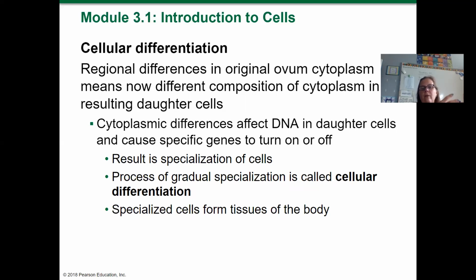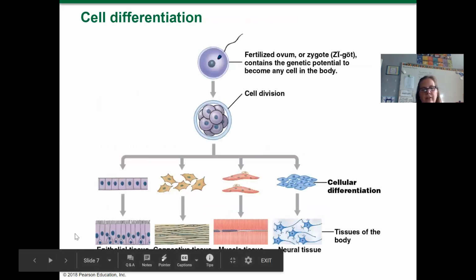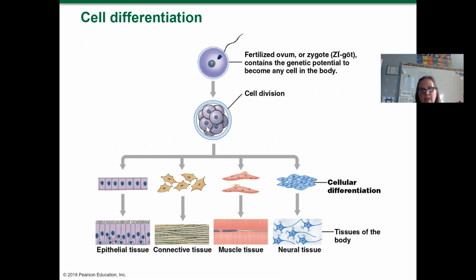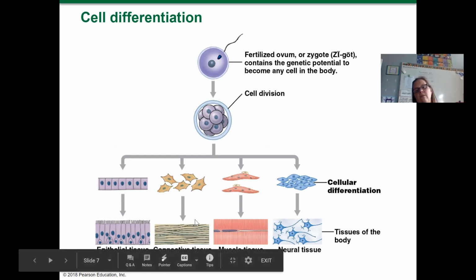They start to have a certain function or a certain specialization. And that picture at the bottom of page 95 shows that this once undifferentiated ball just keeps dividing and dividing until it reaches a point where some of the genes are turned on, and they can be turned on to become any of the 4 tissues of the human body.